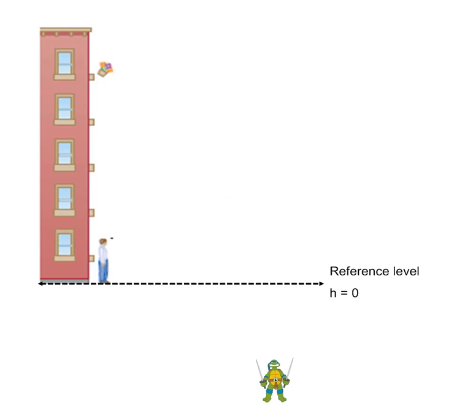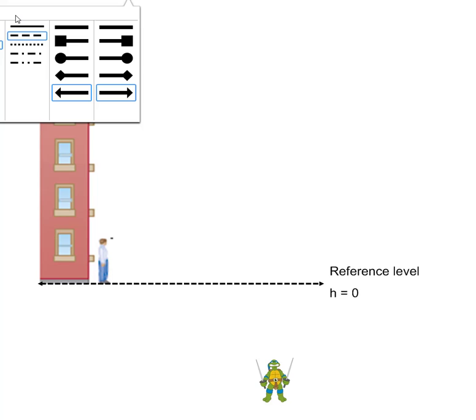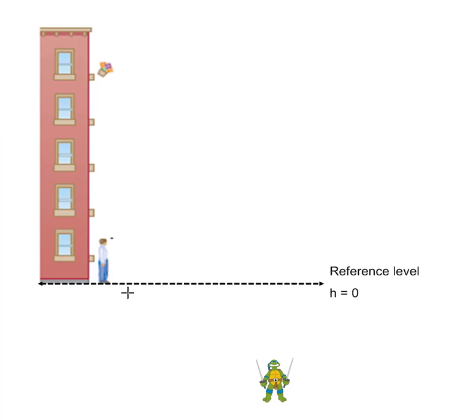Okay, so if I want to set up a little situation here and figure this out, I can have a look at the gravitational potential energy of my different objects. So my human here, compared to the reference level, has 0 gravitational potential energy. Compared to the reference level, my flower pot is a ways up.